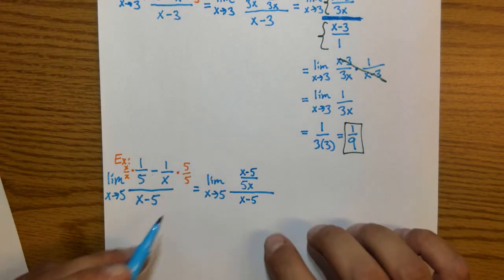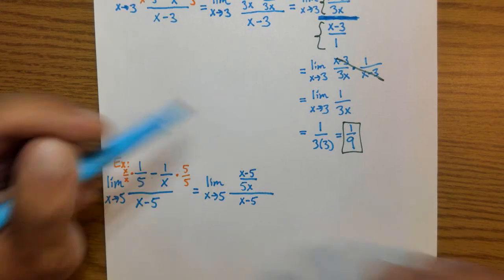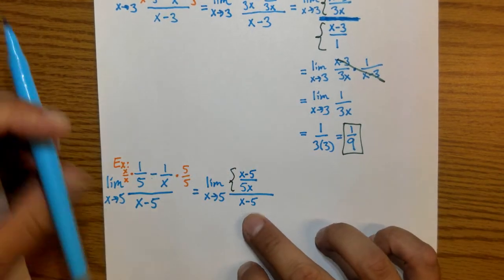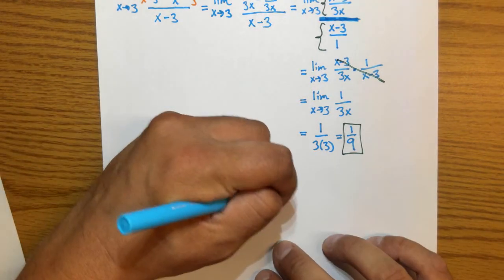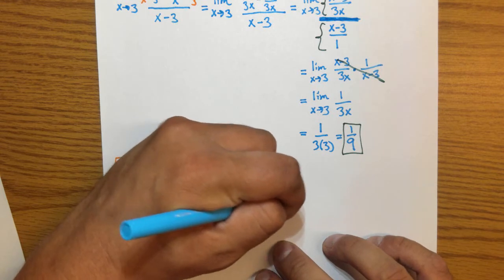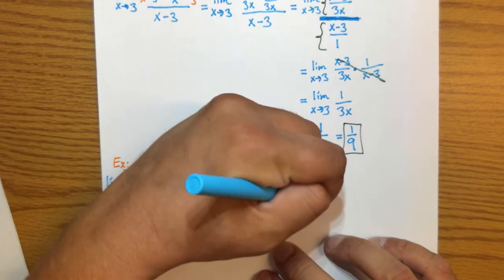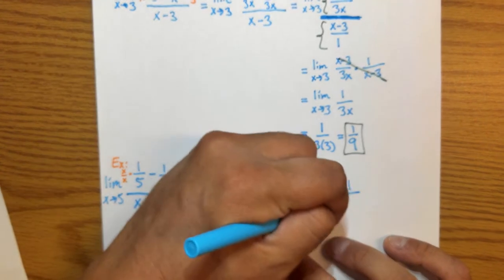Again, remember, dividing by something is the same thing as multiplying by its reciprocal. So we have this one up here divided by this, which is technically over 1. So we can rewrite as the limit as x approaches 5 of x minus 5 over 5x times 1 over x minus 5.